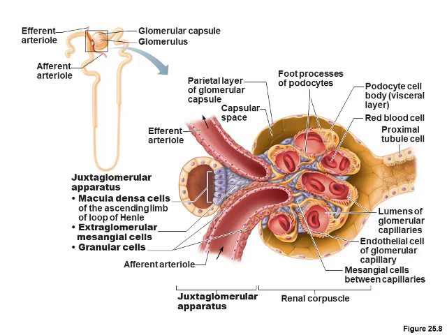The juxtaglomerular apparatus is formed by the distal portion of the ascending limb of the loop of Henle and the afferent arteriole. You already know those two parts. But let me draw again. So this is the afferent arteriole, glomerulus. I'm drawing the afferent arteriole again.